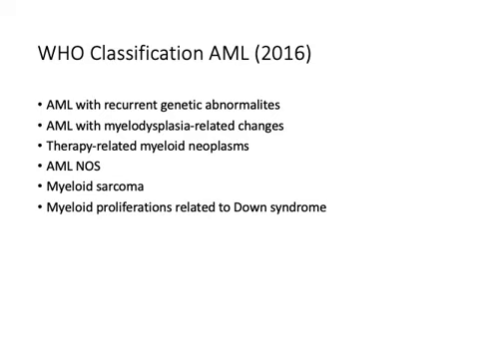Therapy related myeloid neoplasms. These are patients who develop hematologic neoplasm after being exposed to anti-cancer drugs. The AML not otherwise specified, the myeloid sarcoma, as well as the myeloid proliferation related to Down syndrome.